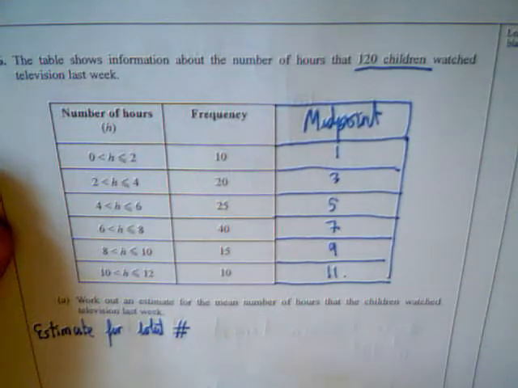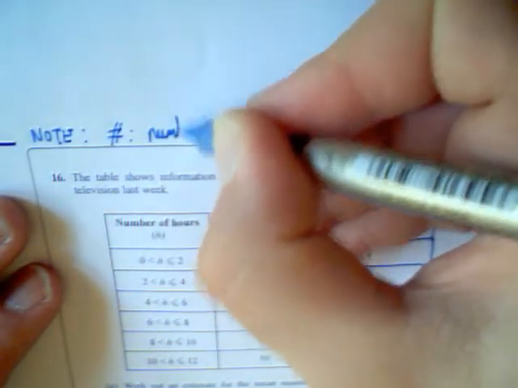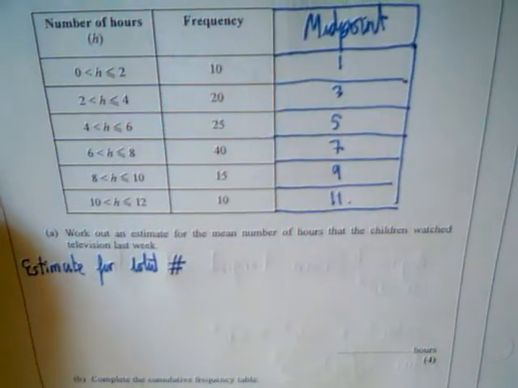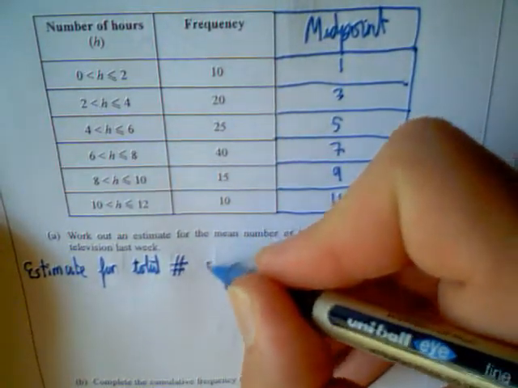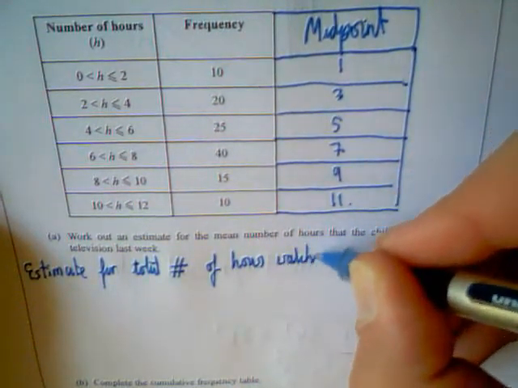This is an abbreviation for number here. Let's just note up here, this number, it's shorthand which you should come across. Estimate for the total number of hours watching TV.